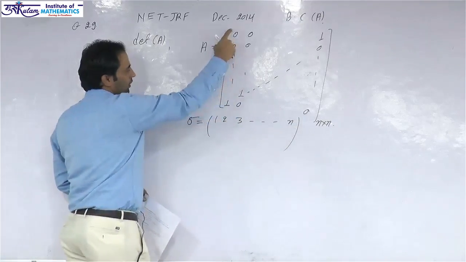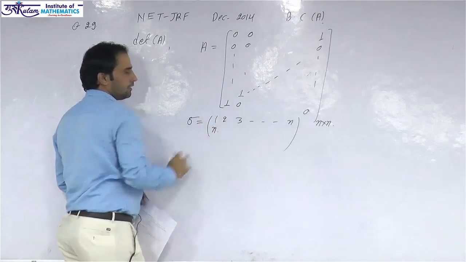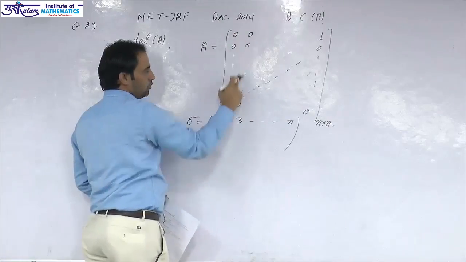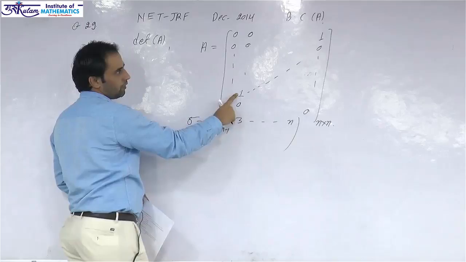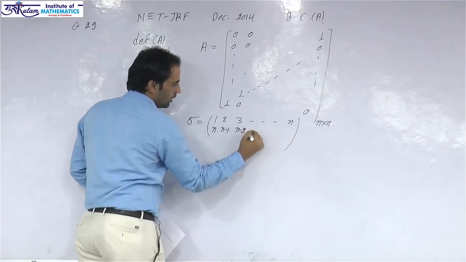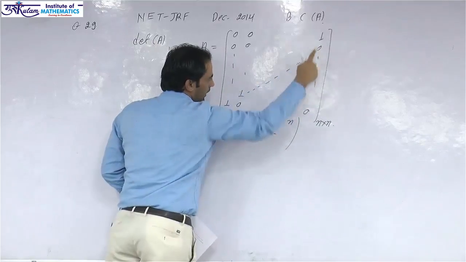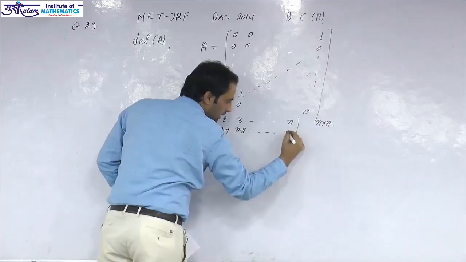The image of 1 is n, since this is the nth column of the identity matrix. The image of 2 is n minus 1, since this is the n minus 1th column of the identity matrix. Similarly, the image of 3 is n minus 2 and so on. The image of n is 1, since this last column is the first column of the identity matrix.